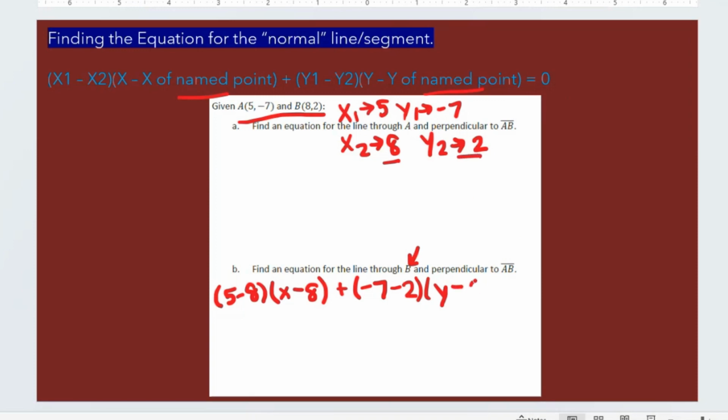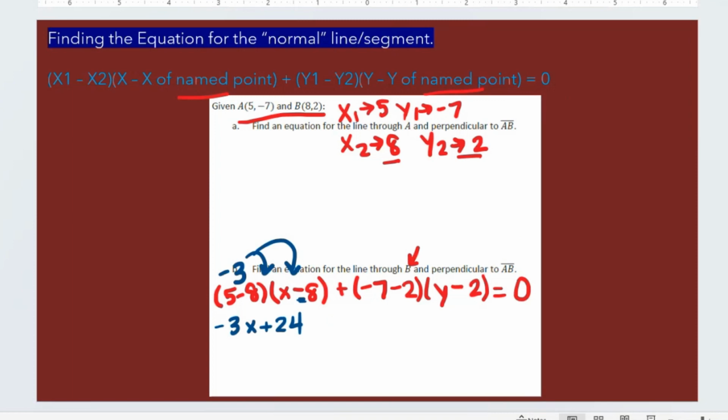Here that is 2. And it's going to be set equal to 0. Now we get to the algebra. 5 minus 8 is negative 3. And we're going to distribute that. Negative 3 times x, negative 3x. Negative 3 times, and you take the sign in front of it again. So here it's a negative 8. Negative 3 times negative 8 is a positive 24 or a plus 24.